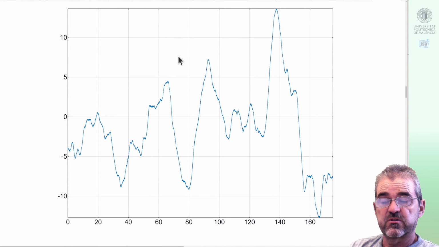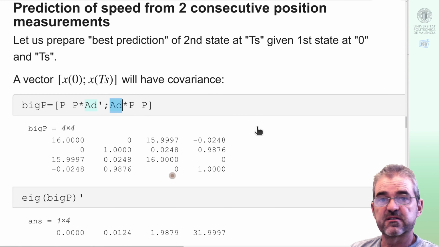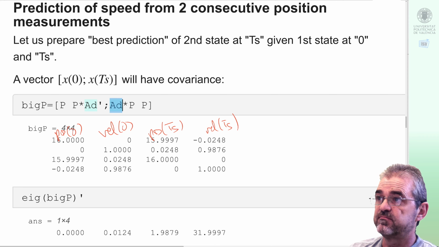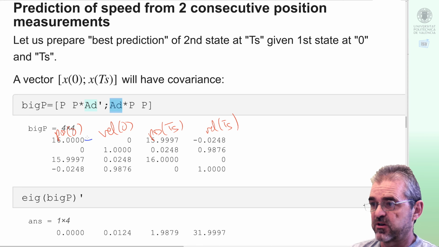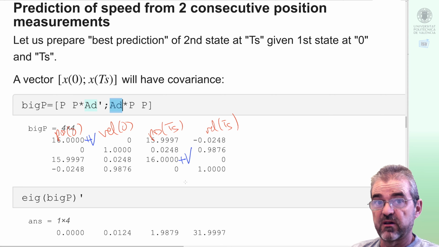So in this process, which I am plotting the position, if AD is that exponential, this is the covariance matrix between position and velocity at several instants, and with that variance plus measurement noise in this diagonal, modeling the noise in position measurements, with this covariance matrix we can estimate the accuracy, the variance of the prediction error, of the finite difference velocity estimate.